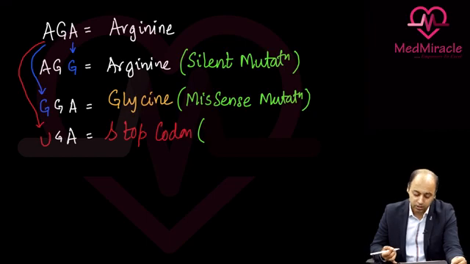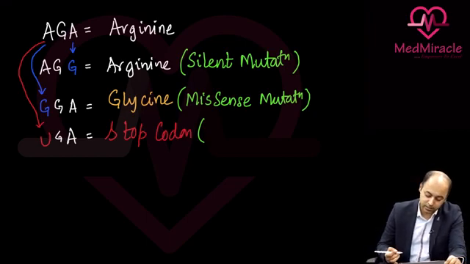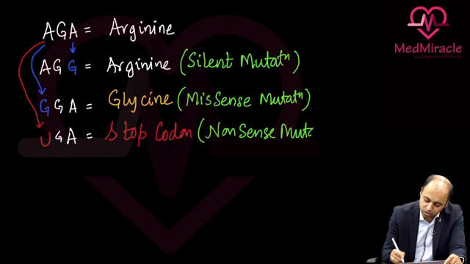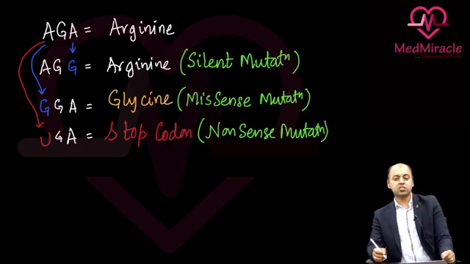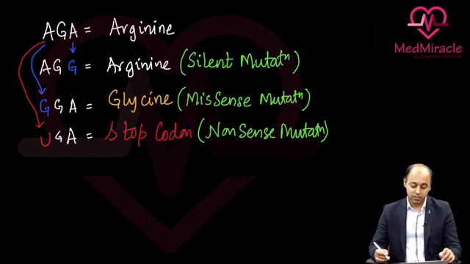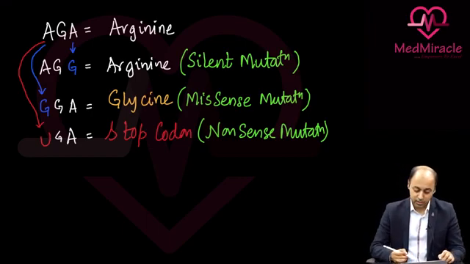The stop codon does not get translated, resulting in the nonsense mutation. So the different types of mutation as a result of transversion or transition are the silent mutation, the missense mutation, and the nonsense mutation.